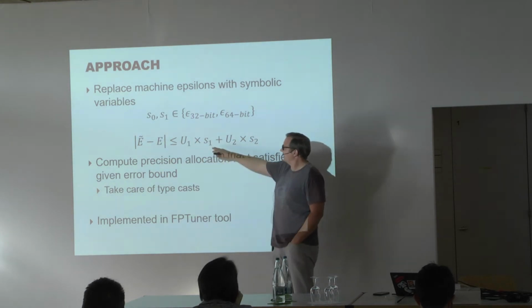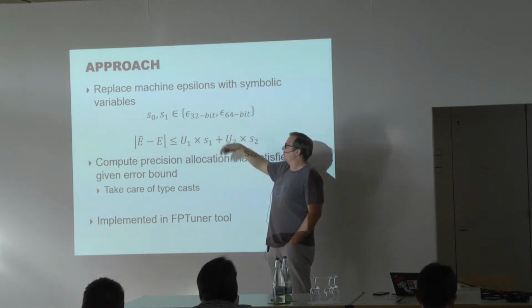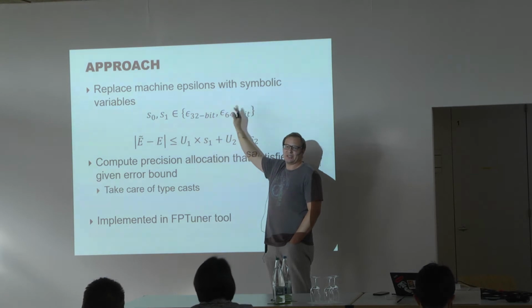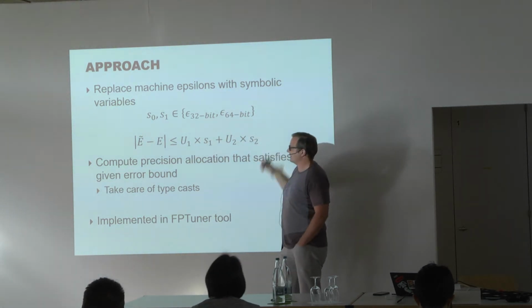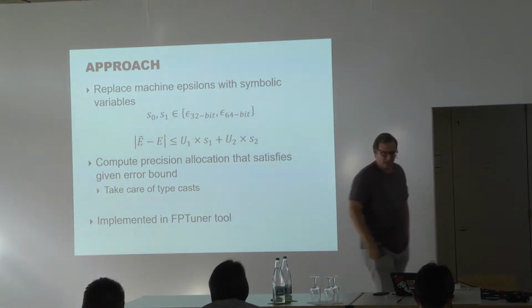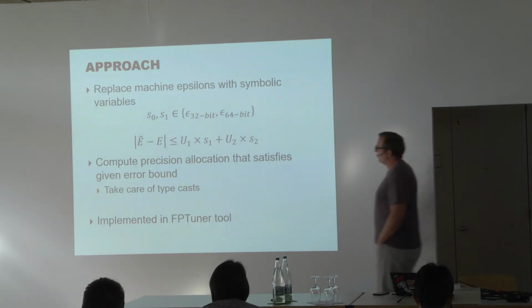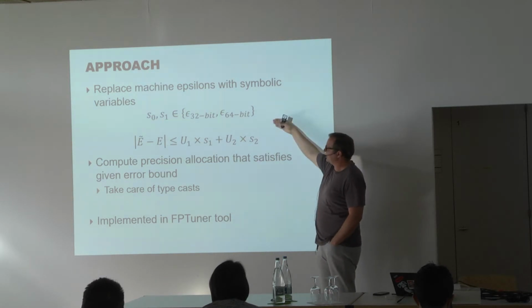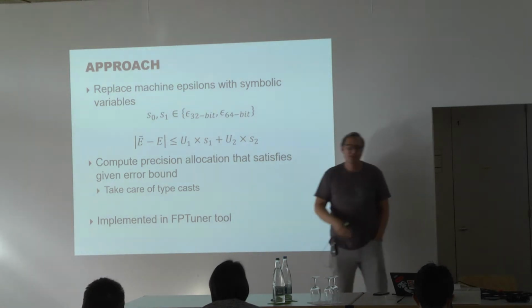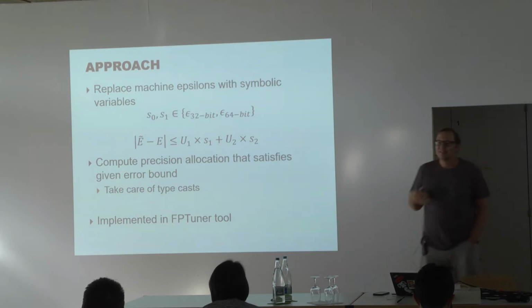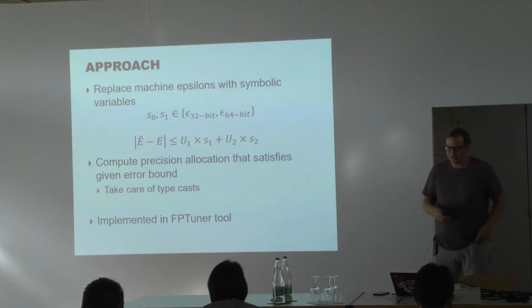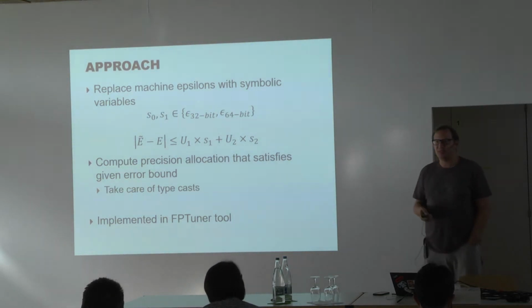Instead of fixing it, we say this S1 can be either single precision or double precision, and then we do the same thing for S2. Now we have another optimization problem. We want to compute allocations for these precisions that satisfy the error bound, while trying to stick to, let's say, the lowest precision possible. So we have some kind of cost model for this. And that's what we implemented in a tool called FPTuner.